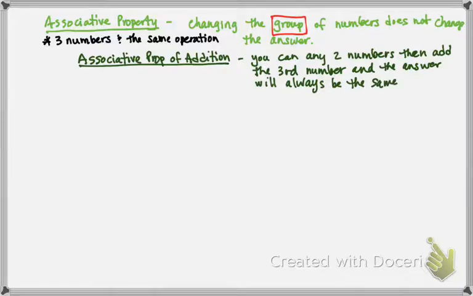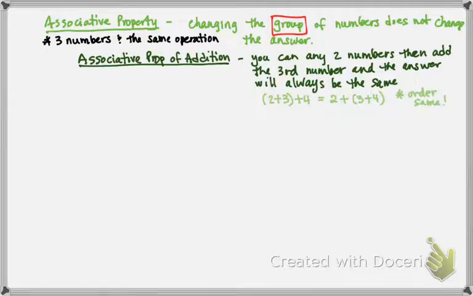Okay, so let me give you an example of that. So let's do the quantity 2 plus 3 plus 4. According to the associative property, I'm going to get exactly the same answer as 2 plus the quantity 3 plus 4. So notice here, order stays the same.